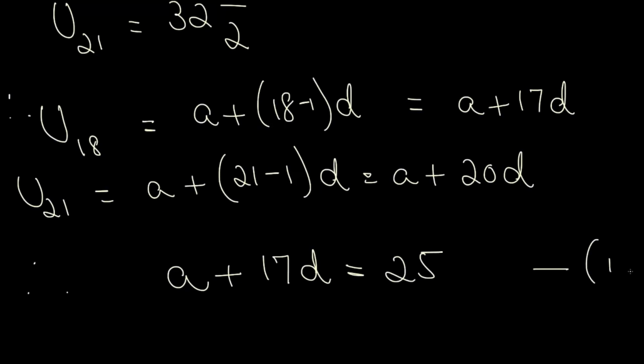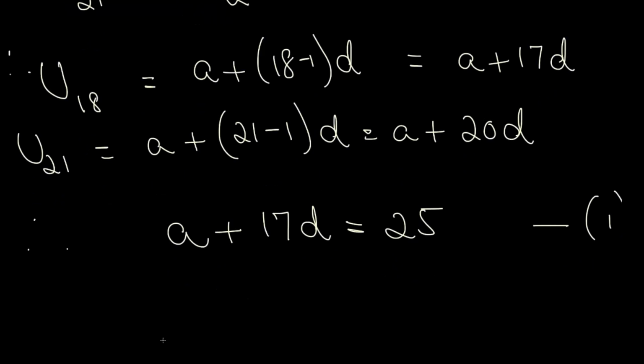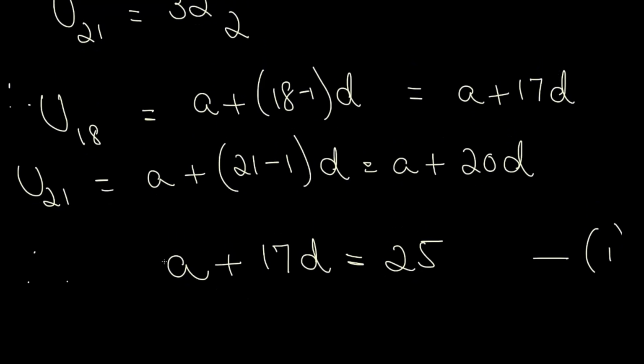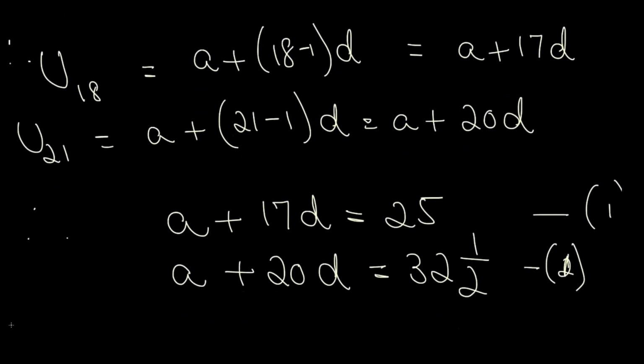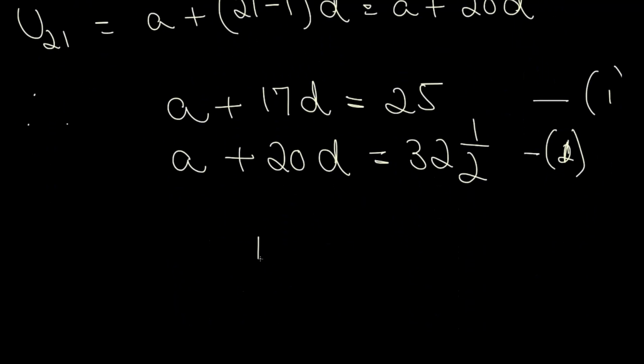He or she will give you 1 mark for this. And your second equation, as you know, U21 equals 32.5, and U21 also equals A plus 20D. Therefore, A plus 20D must equal 32.5. The examiner will award you 1 more mark for this one, giving you a total of 2 marks for this question.